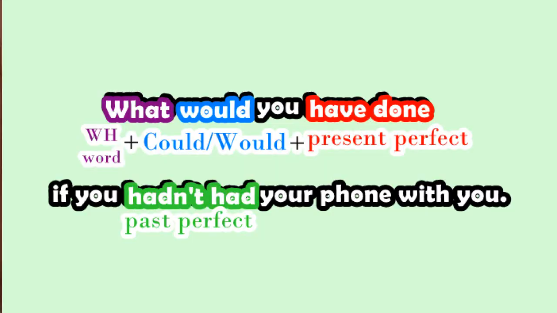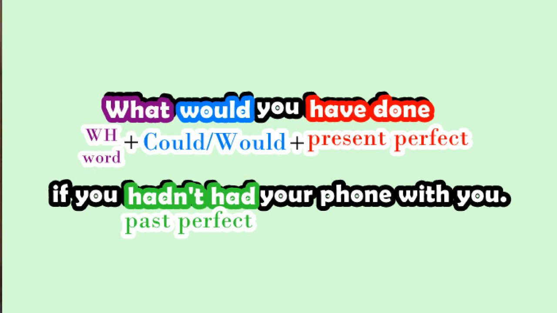That is our result clause, and we have WH, would, and the present perfect. Moving on to the condition clause, it says if you hadn't had your phone with you. In that case, we're going to leave the condition clause just as it is. We are not going to make any changes, only in the result clause, because that is where we have the question.